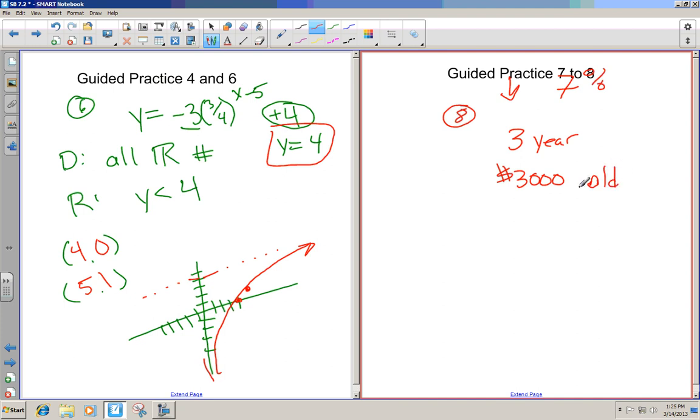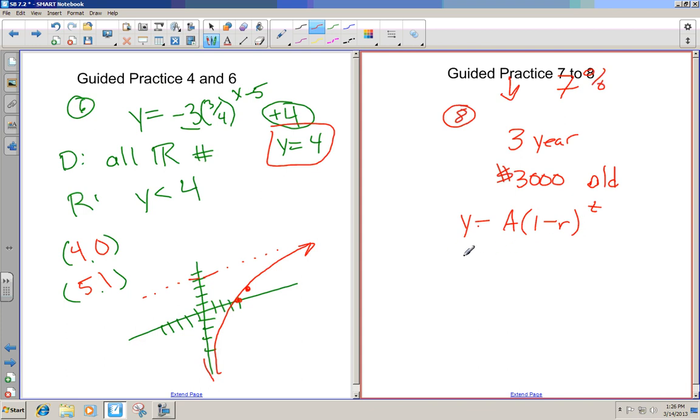So basically, when it's old, after 3 years, it's $3,000. It's now asking you to come up with the initial cost. So y equals the initial cost times 1 minus the rate to the t power.